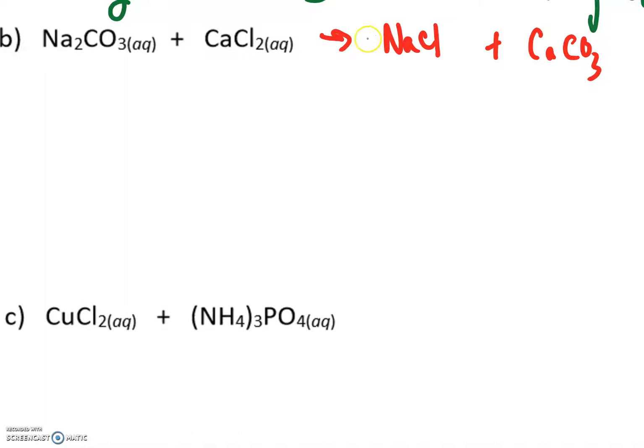All right, that's the balanced equation. Now you should not have to look at the table to determine whether or not sodium chloride is soluble or not. It's soluble, it's salt. We make salt water all the time, but calcium carbonate is not. So what is our ionic equation going to look like?